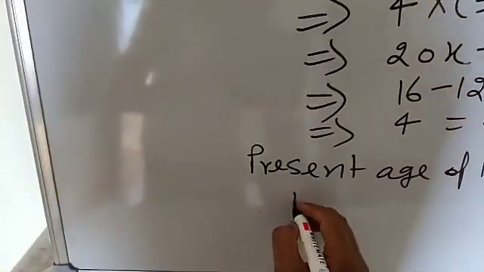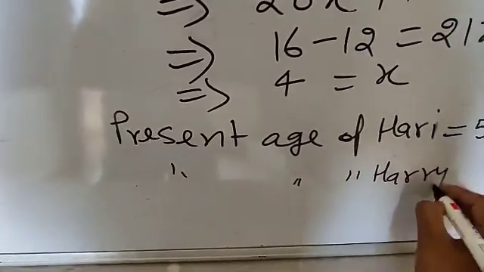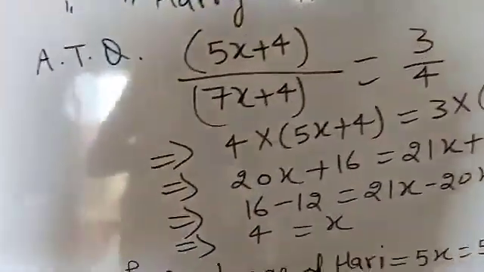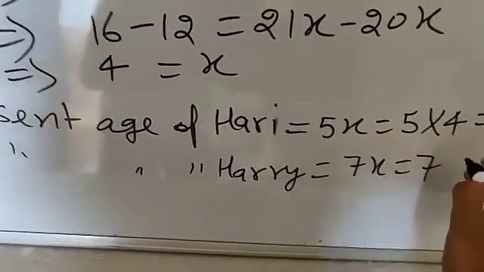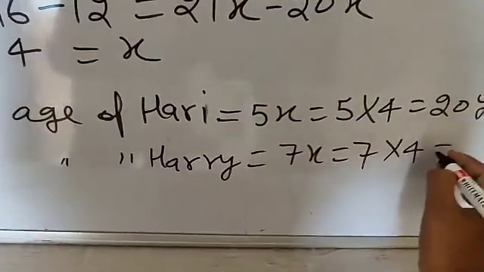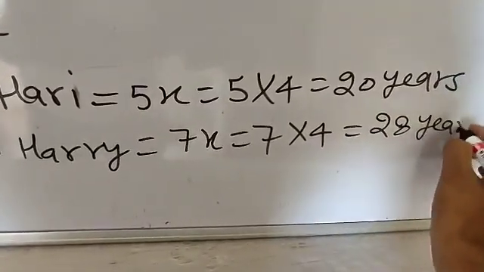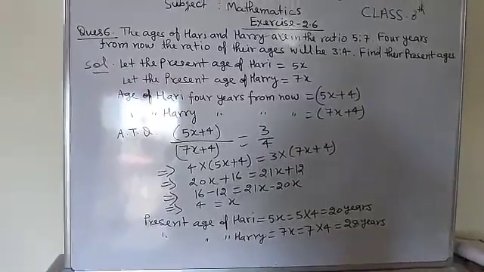In the same way, present age of Harry is equal to, here present age of Harry is 7x, so it is equal to 7x. Here it can be written as 7 into 4, that is equal to 28 years. So it is the present age of Hari and Harry.